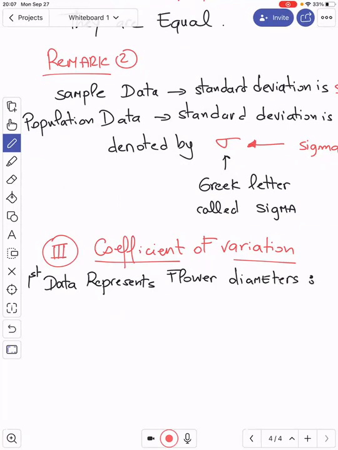Let's say you have 6, 7, 8, 8, 9, 10, and 11.